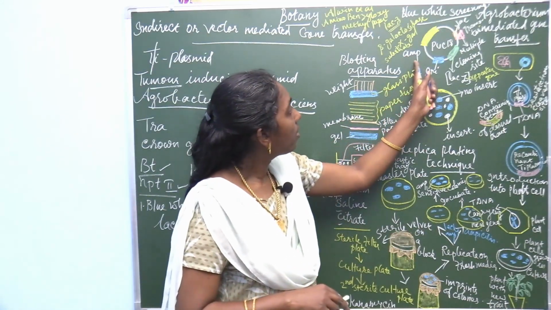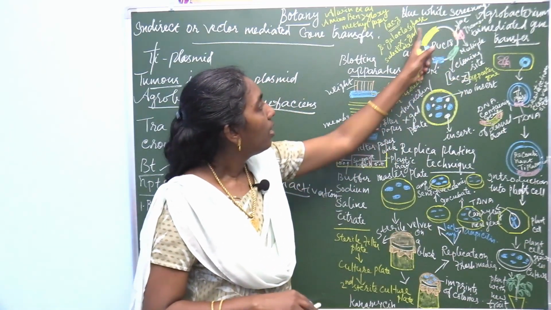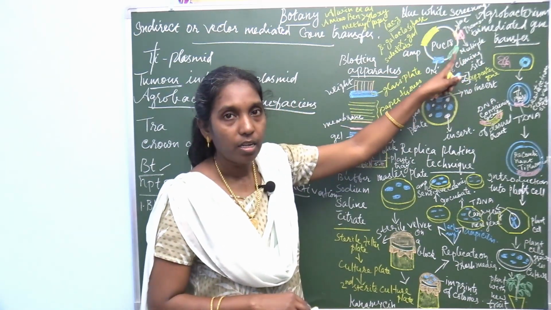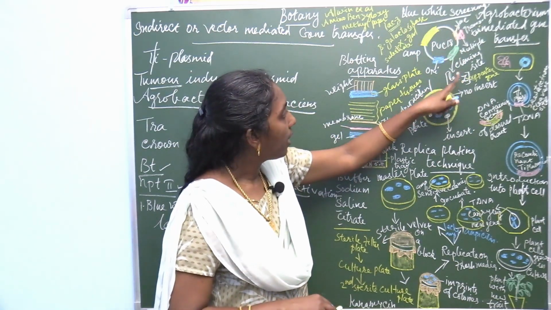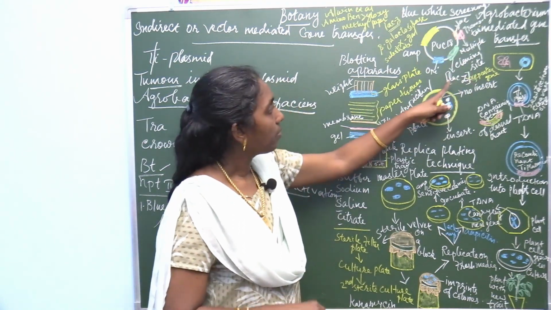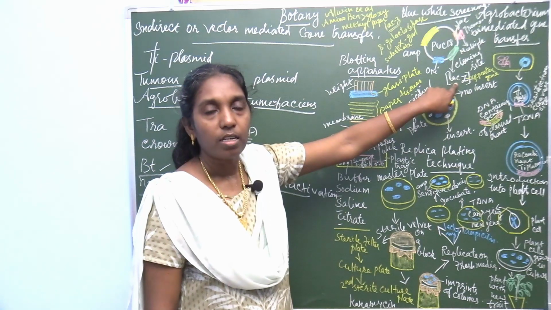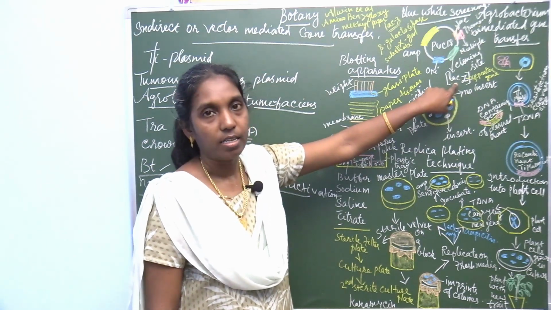This is the plasmid, and it contains different regions. There is a reporter gene called LAC-Z.